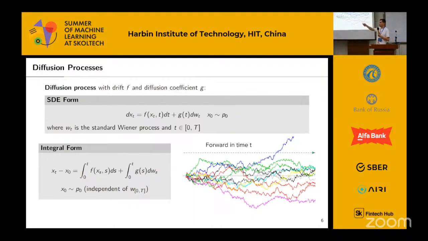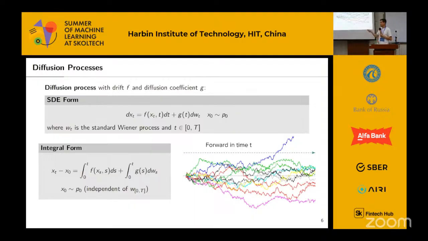It will be a function of t, so it will not depend on the current point at which we are at a particular time moment. In fact, this can all be generalized to a point-dependent noise schedule, but this is more complicated and not really needed. So we will consider stochastic differential equations of this type.